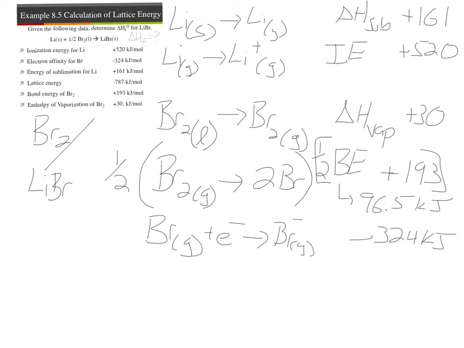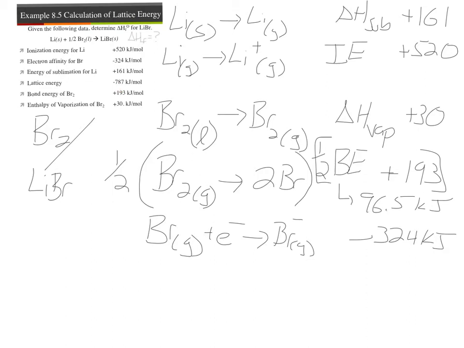And now we have lithium as a gas ion. We have bromine as a gas ion. The last thing to do is to put them together. And this is our most favorable term. It's the biggest one on this chart, the lattice energy. Two things come together. It's exothermic by the greatest value, negative 787.